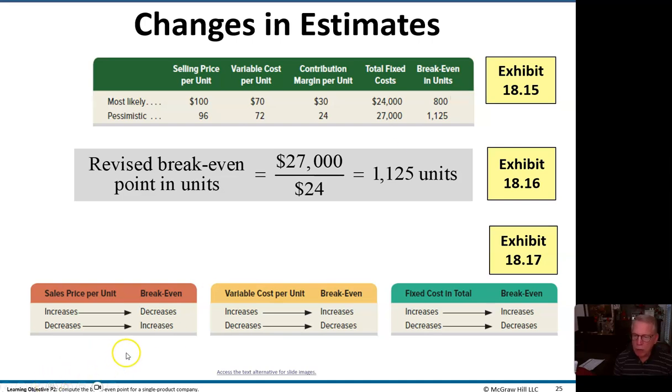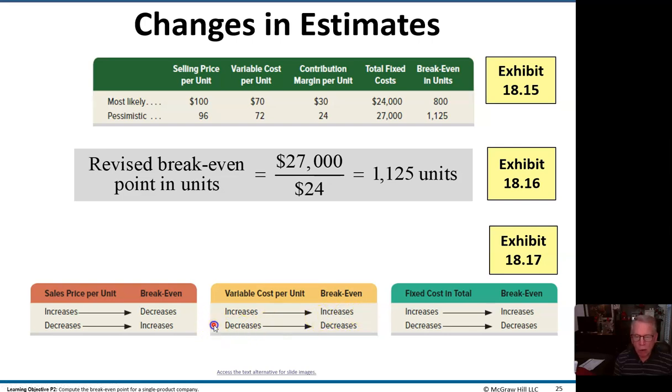So, as we summarize this, if the sales price per unit increases, it's going to decrease our break-even. But if the sales price decreases, it's going to increase our break-even. Same concept with variable costs. If variable costs increase, that increases the break-even.